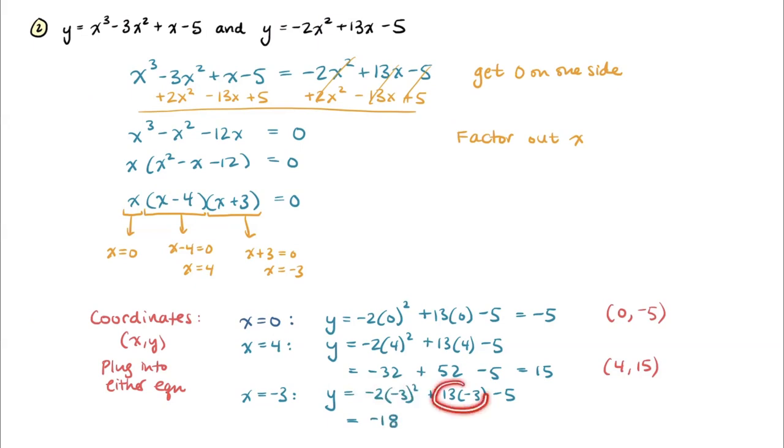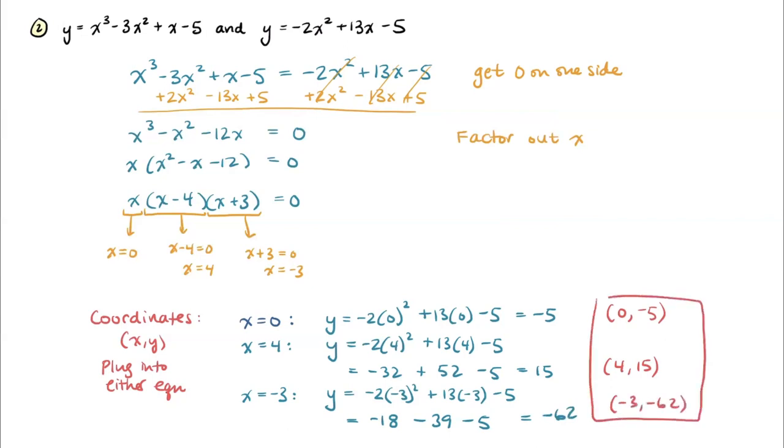Let's see here, 13 times negative 3. 10 times negative 3 is negative 30, and 3 times negative 3 is negative 9, and adding 30 and 9 together gives us 39. So we've got negative 18 minus 39 minus 5, and that's negative 62. Okay, so here's our third coordinate. So here would be our points of intersection.